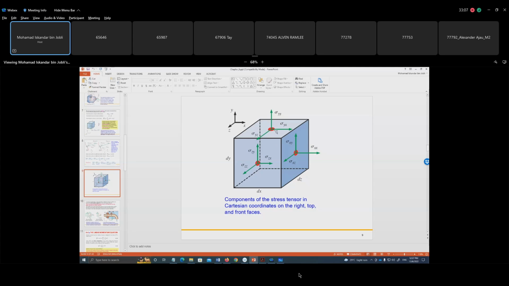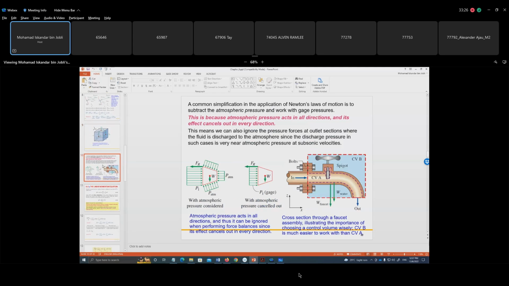If we're talking about this surface, this is x, this is z, this is y direction. It's entirely up to you to choose, so you have to know where's the x, where's the z, where's the y. If x is here, y is here, so be it. You just follow accordingly. Don't worry.